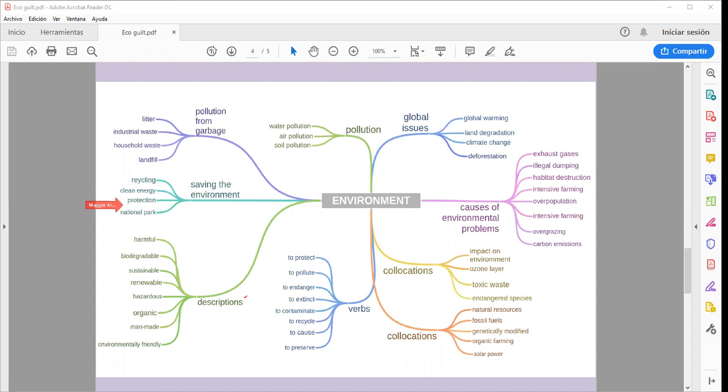Angel, please, do you want to mention any national park? An example is the La Marquesa in the Mexico state. That's it. That's a national park. Excellent. Thank you very much. Any other example? Somebody else?